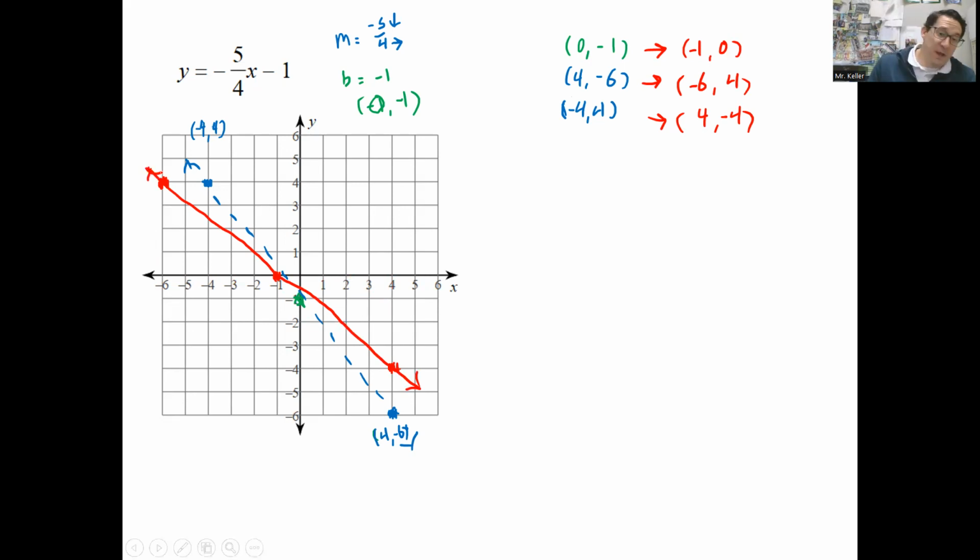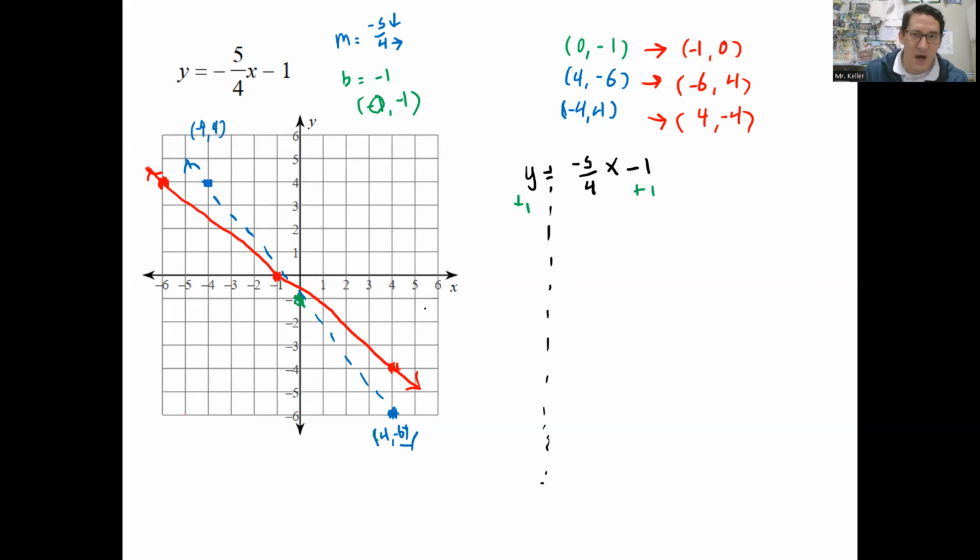All right. Oh, and then one more thing. I do want you practicing finding the inverse. So y is equal to -5/4 x minus 1. I'm going to solve for x to find the inverse. So I'm going to add 1 to both sides.